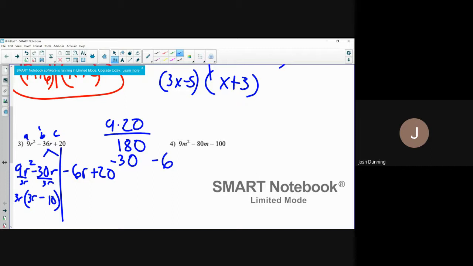So I'm going to divide by negative 2. That'll switch it to positive 3R and minus 10. So then I'm good to go. They match. The parentheses match. I can pull out the 3R minus 10, and what's left over is 3R minus 2.